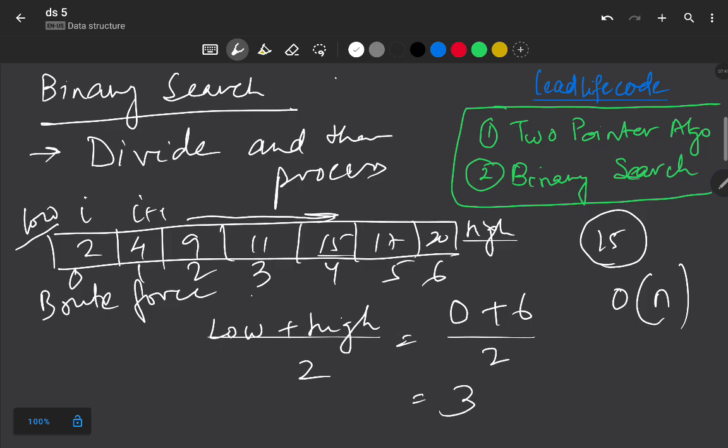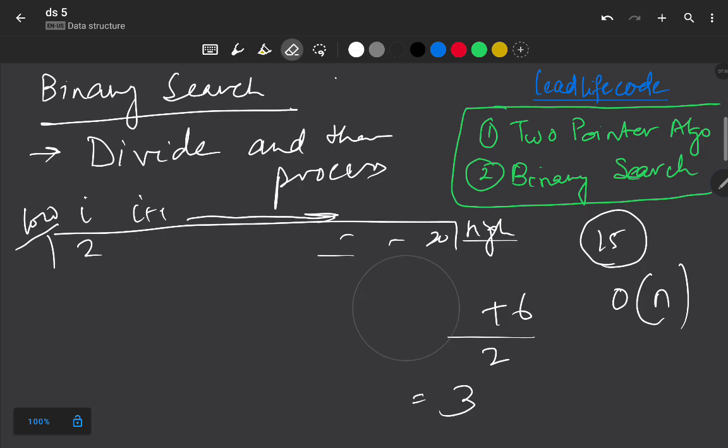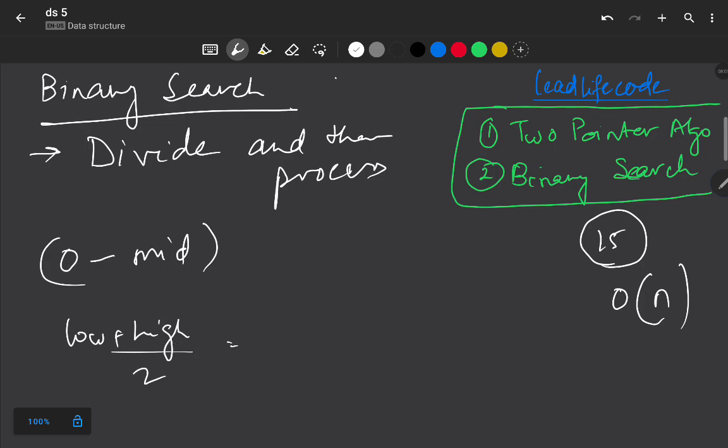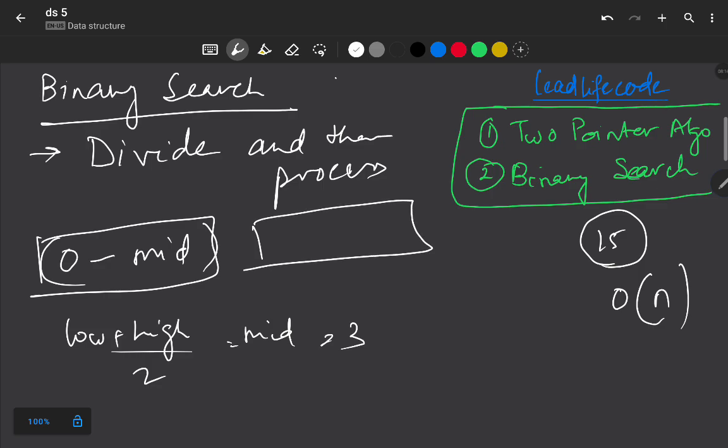So you will start by dividing this parent big array into two smaller arrays: 0 to mid, which you found now, that is mid is low plus high by 2. So in this case it was 3, and so you will divide it into two arrays, so 0 to mid and mid plus 1 to n minus 1, or high.